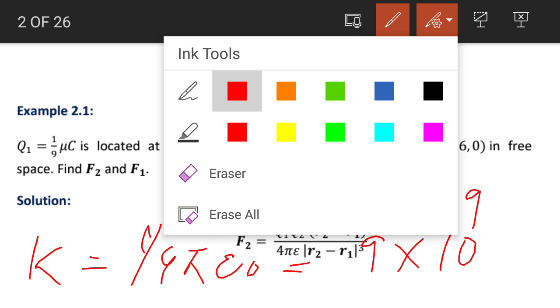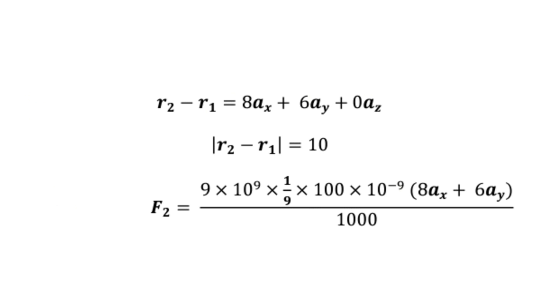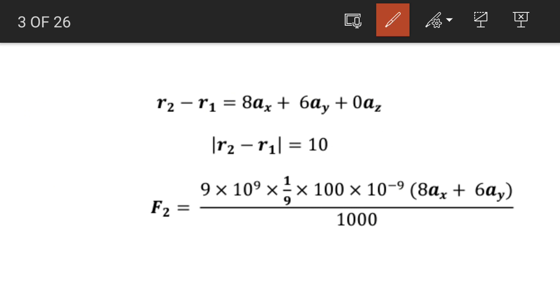So let us consider the solution of example number 1 in accordance with this equation. So let us consider R2 minus R1. So R2 minus R1 will be equal to 8AX plus 6AY plus 0 AZ.